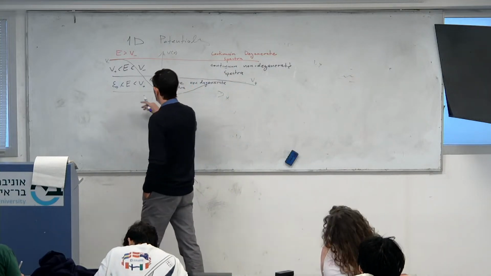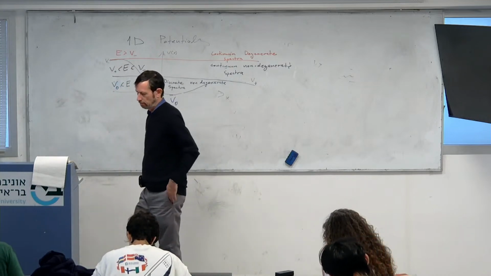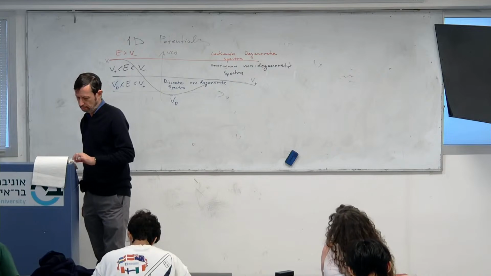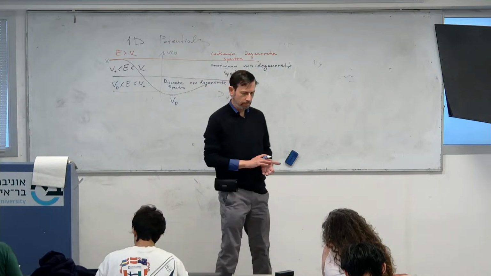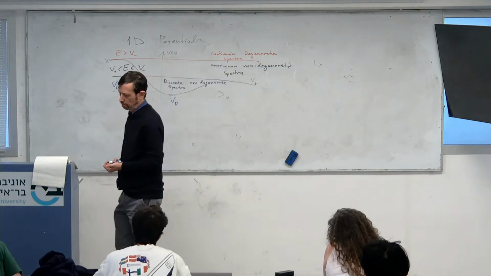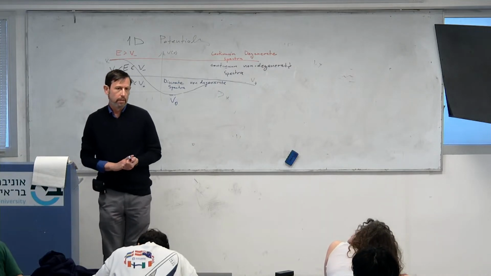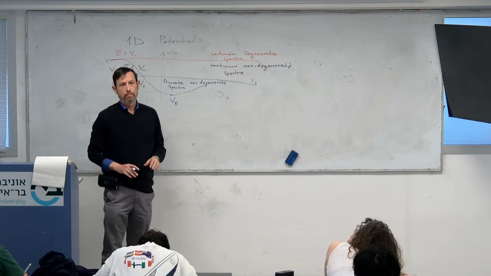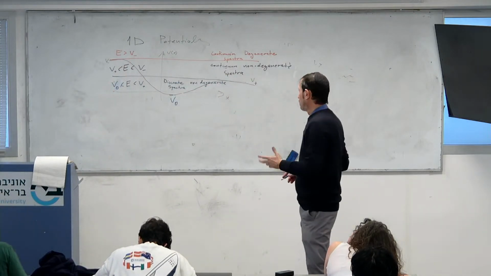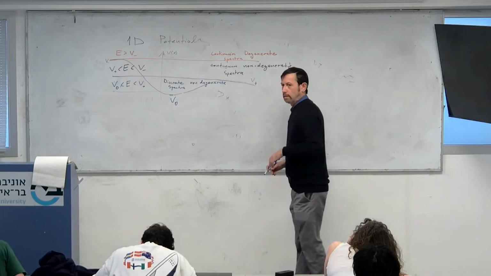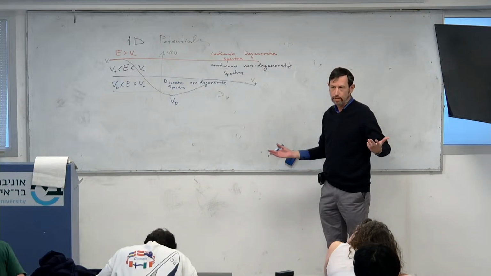Keep this annotation, so I'll call it V0. So let's take an example that I've already mentioned. Coulomb potential, let's say in 1D.